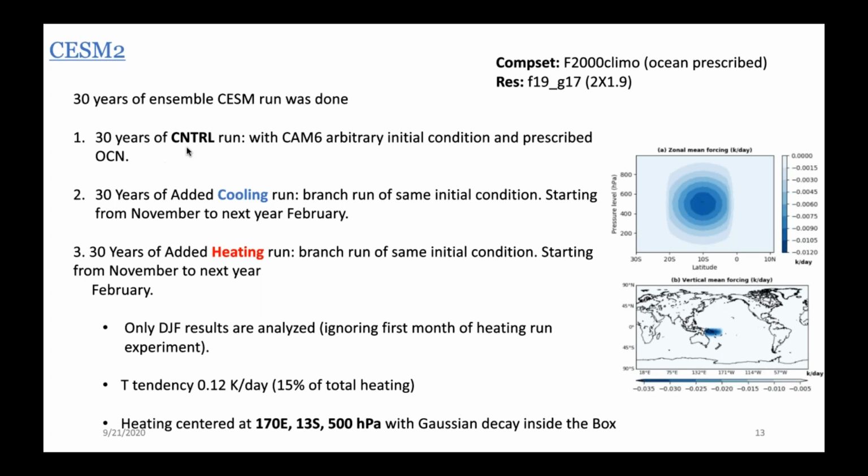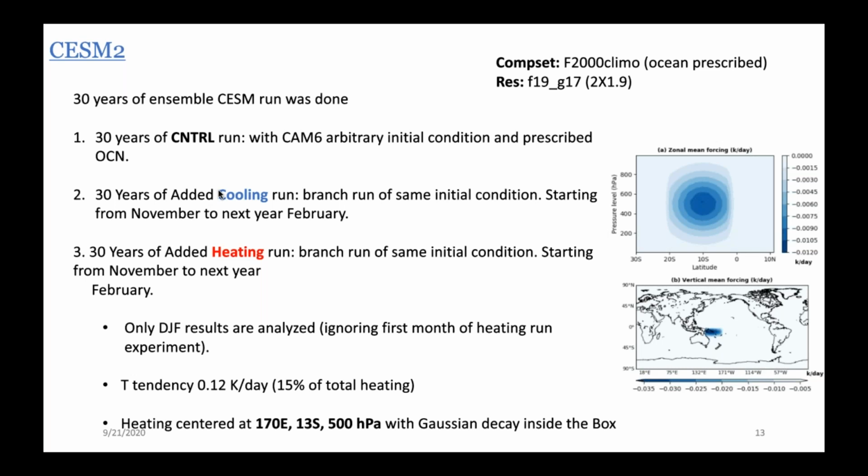So we run a 30-year control run with CAM6 with an arbitrary initial condition and prescribed sea surface temperature. So everything else in the model is the same. Sea surface temperature and the ocean model are prescribed from ERA-Interim, and we run a 30-year control run. Then we run two other sets of numerical experiments: one is cooling and the other heating.